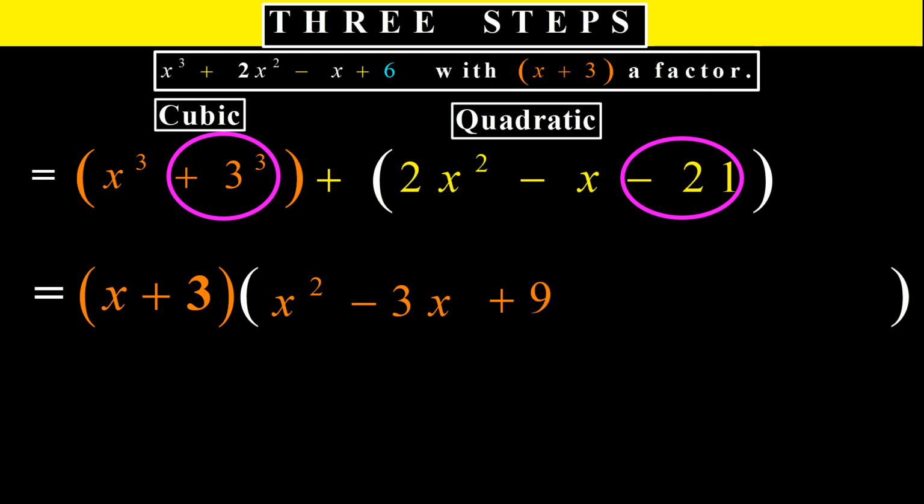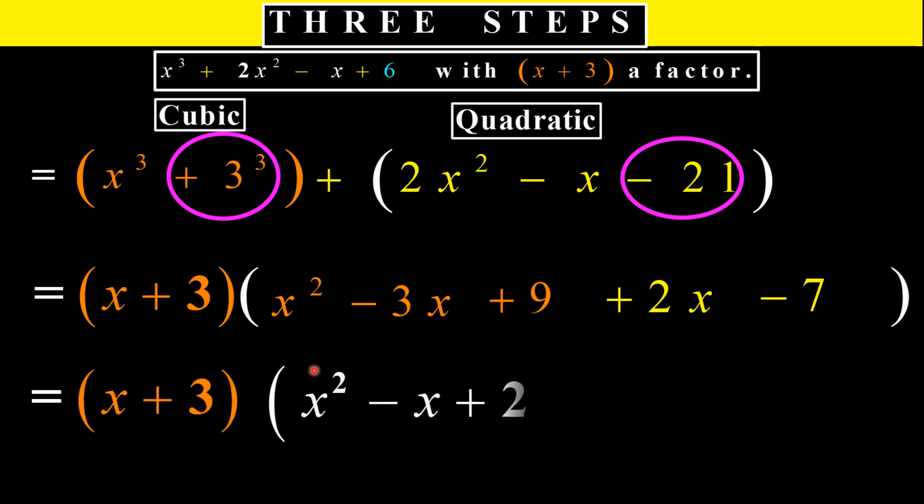And now I need to get the remaining part of the quadratic. If I've got an x there, the other one will be 2x. If I've got a 3 there, the other factor for the quadratic is negative 7. And now I can write down my answer. X plus 3, and you can see there's x squared minus 3x, and 2x gives me minus x, and 9 and minus 7 is a 2.